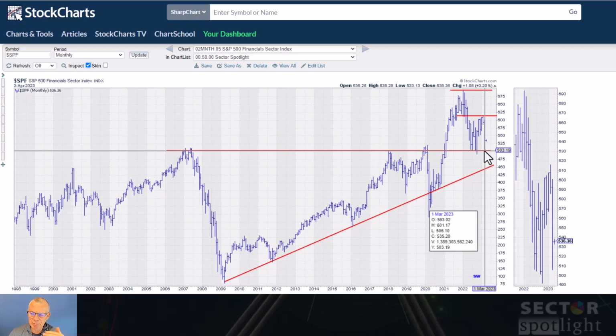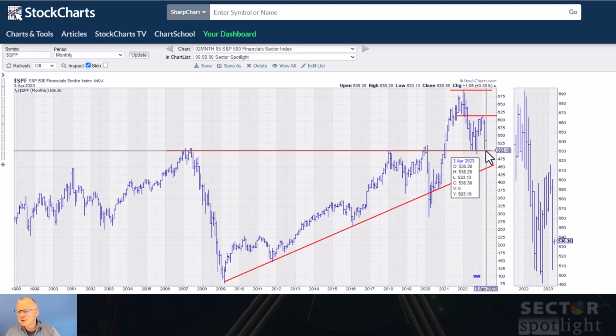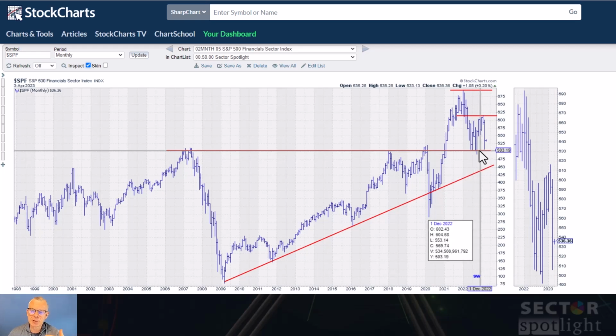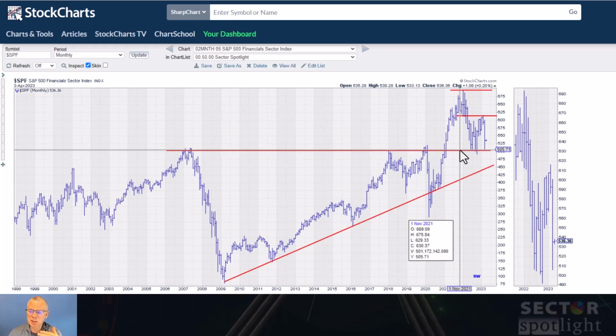As long as we remain above that 490 to 500 area, support is still in play for financials, and we could actually see the market putting in a new low here and starting to move its way higher. It's still in a trading range, but this is an important level.